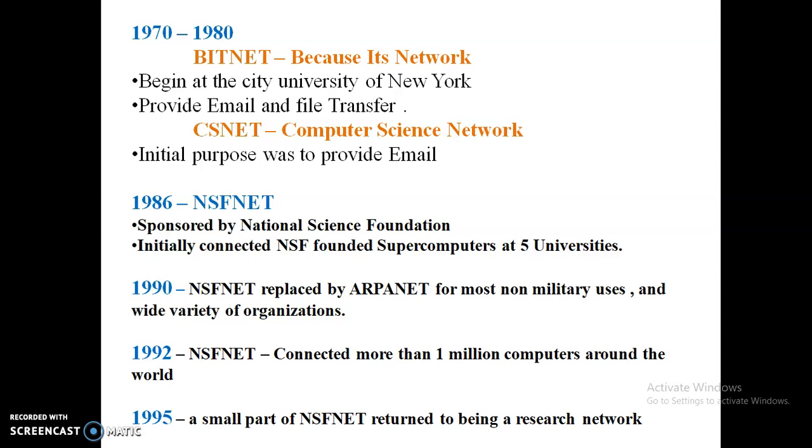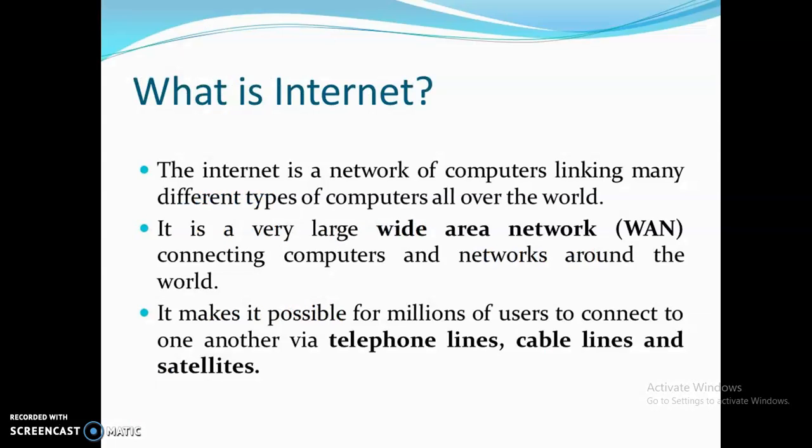In the year 1992, NSFNet connected more than 1 million computers around the world. In the year 1995, a small part of the NSF-funded network returned to being a research network. The rest became known as the Internet. So this is the history of the Internet from the ARPANET until now, with a lot of growth in the Internet society.